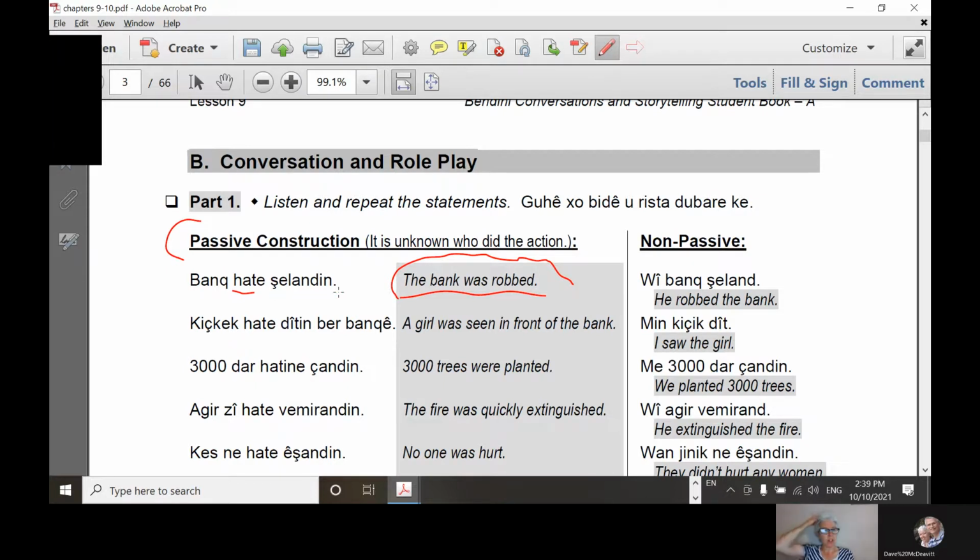So I'm just pointing out to you that this chapter includes not only transitive past tense sentences, but it also includes passive construction, which uses transitive verbs such as shalanden, like to rob, but the verb come, which is intransitive, is used because it's passive construction.